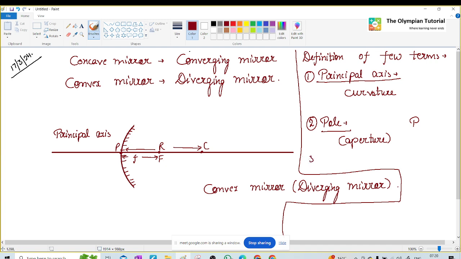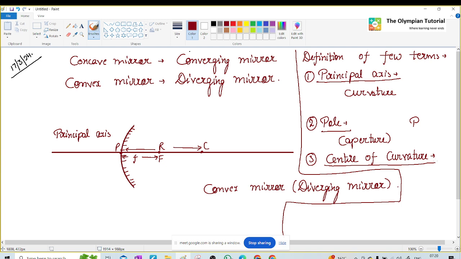Next is center of curvature. Write very neat and clean. While writing, try to keep each and every term in your mind so that you can learn while writing.